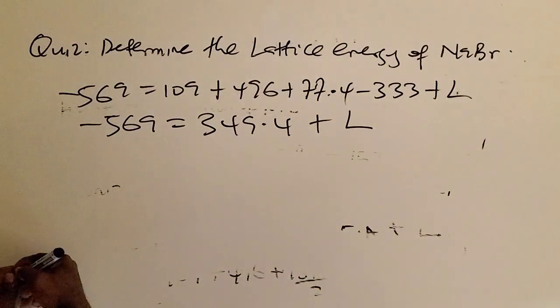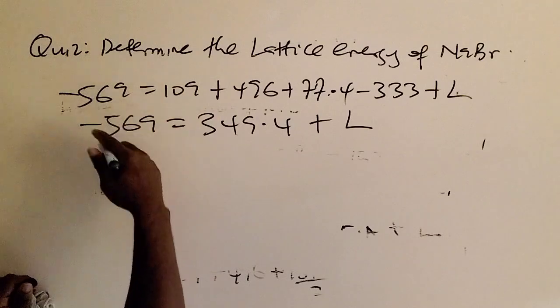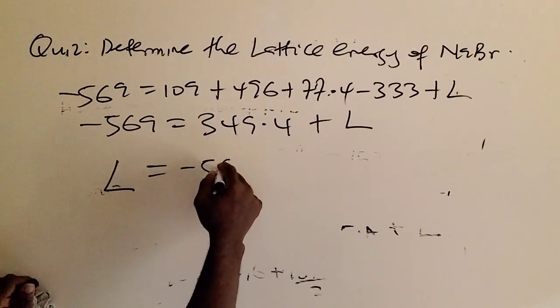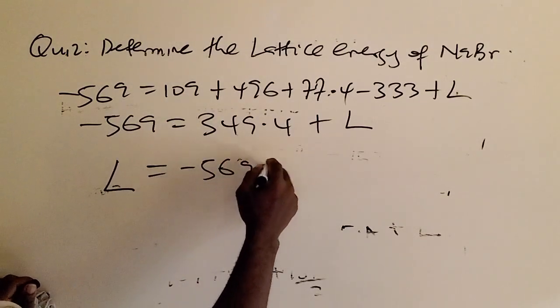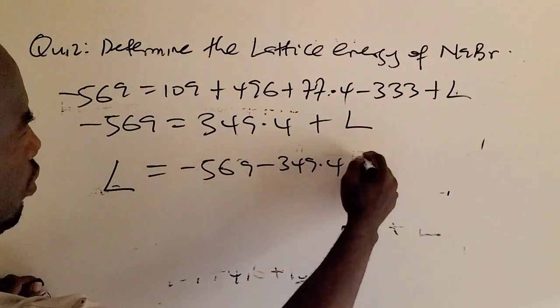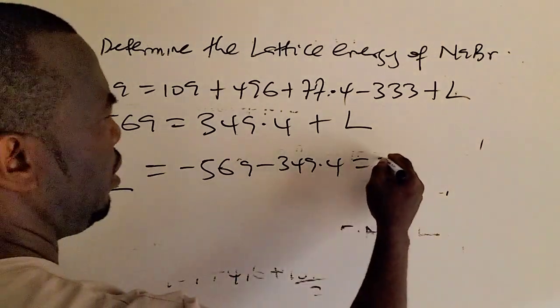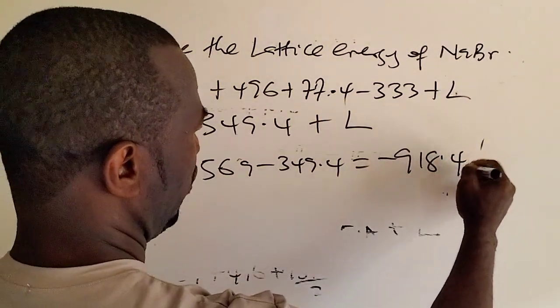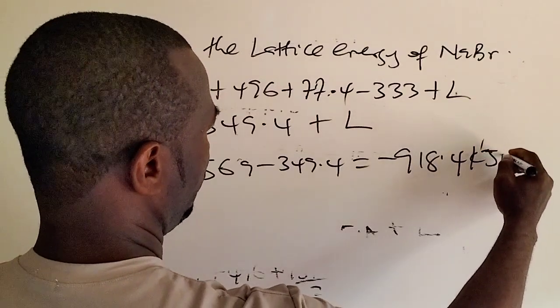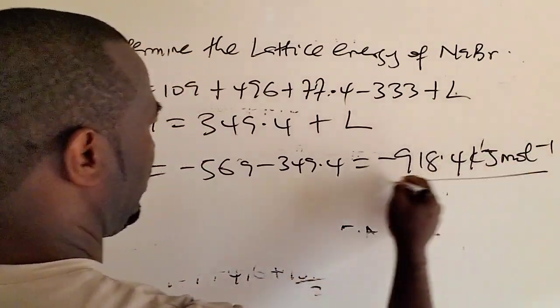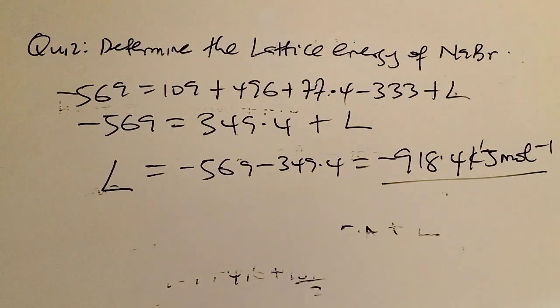L becomes minus 569 minus 349.4. So finally, our final answer will be negative 918.4 kilojoule per mole. This is the lattice energy based on the calculation.